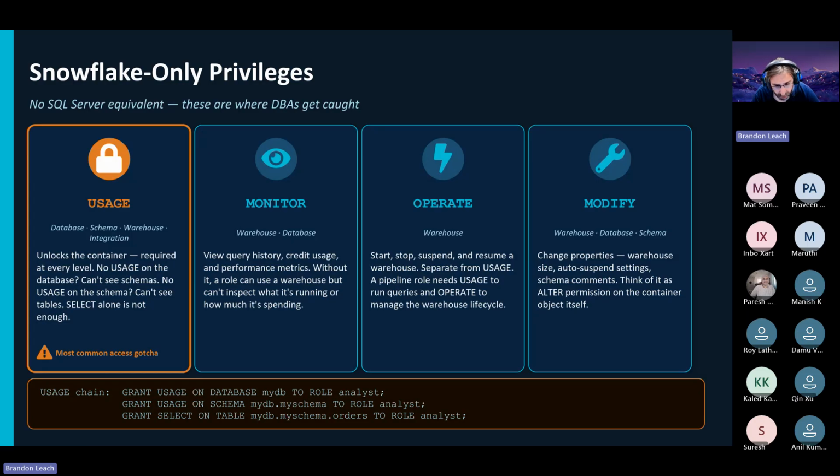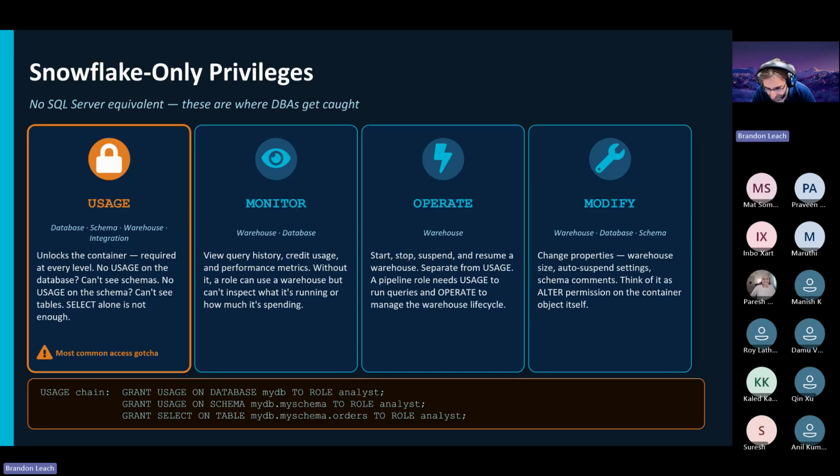Monitor allows someone to view query history, credit usage, performance metrics. So that would be something you grant to like Datadog. Sorry, that was a loud bang. Operate allows you to start, stop, suspend, and resume a warehouse.